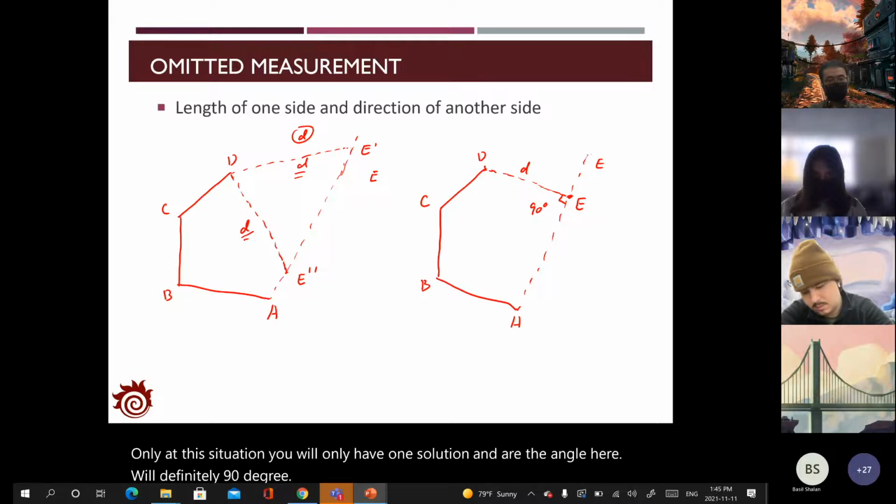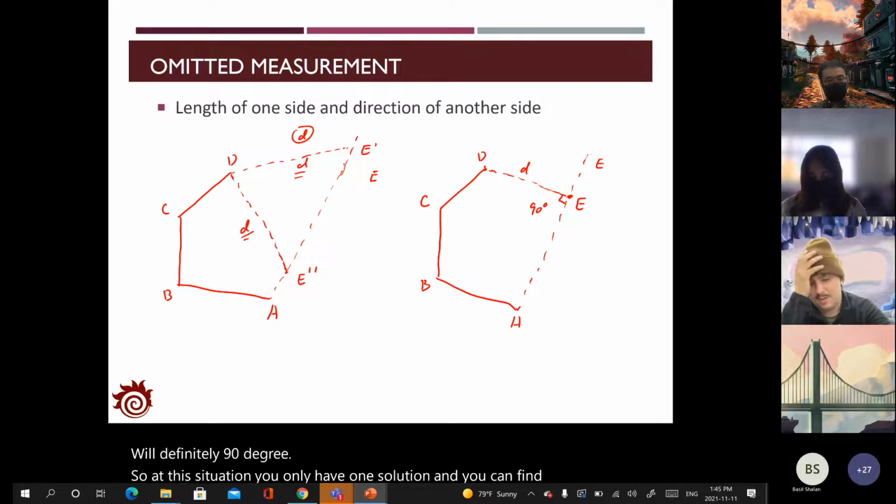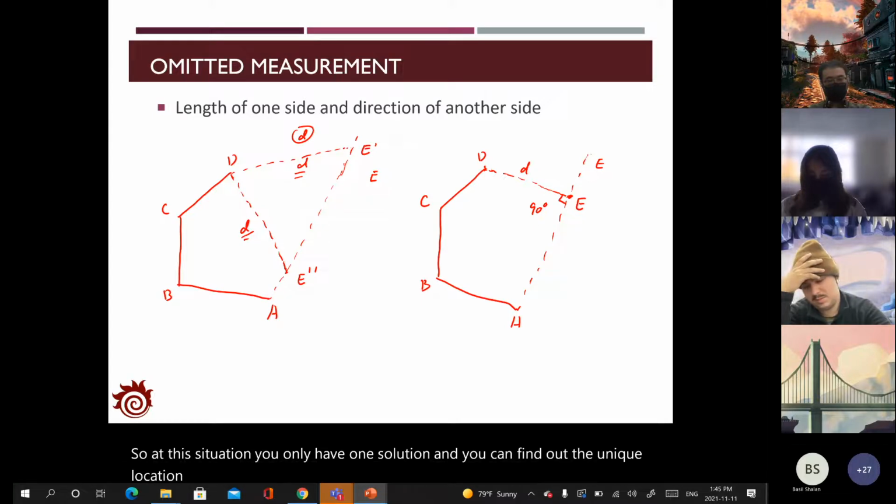So you can find the unique location of point E. For all the other situations, there will be multiple solutions.